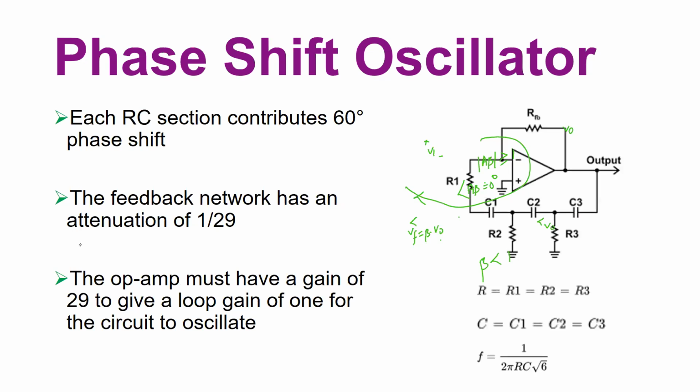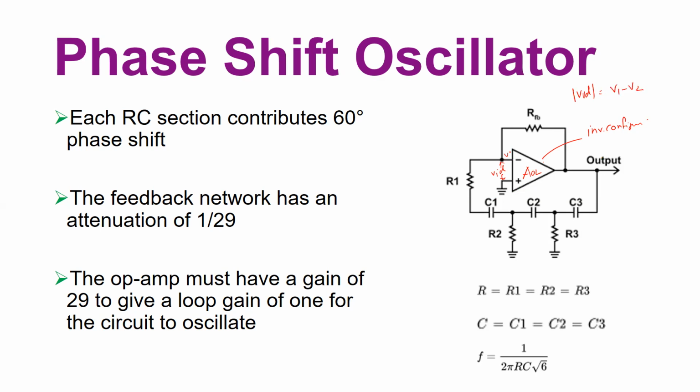So here you see that you have an op-amp with the open loop gain AOL. You can see that I'm using an inverting configuration of the op-amp. So you have the VID here, which is the difference between the two inputs, actually V1 minus V2.